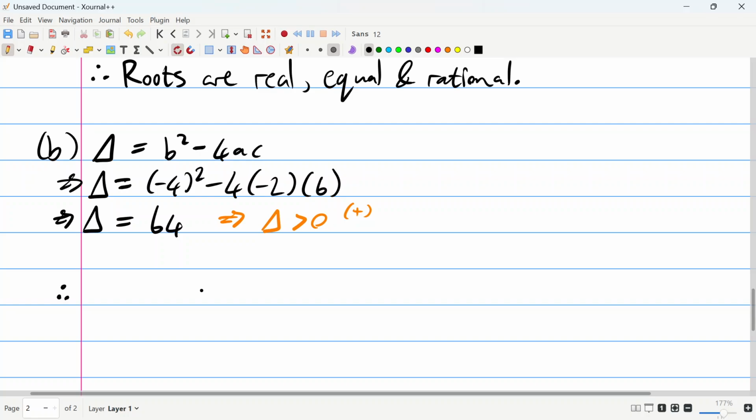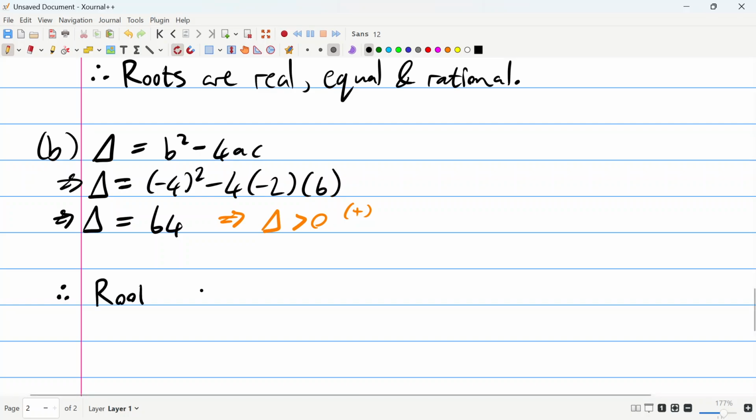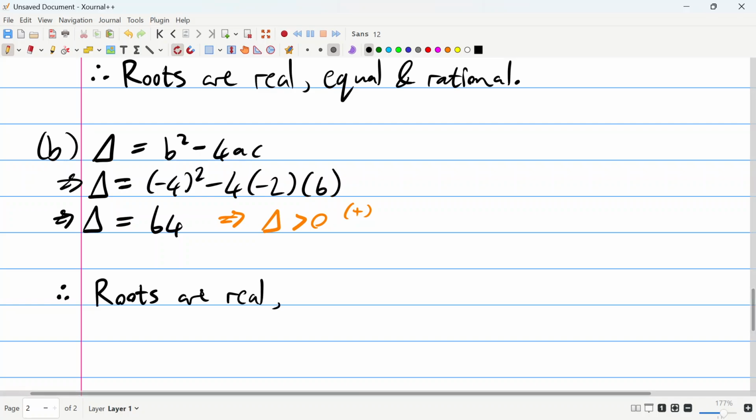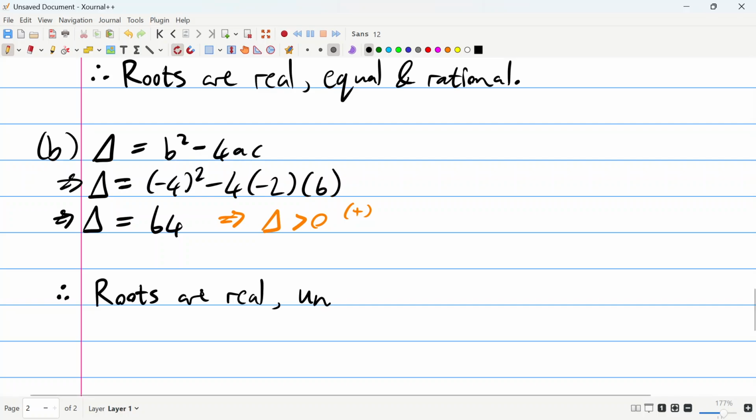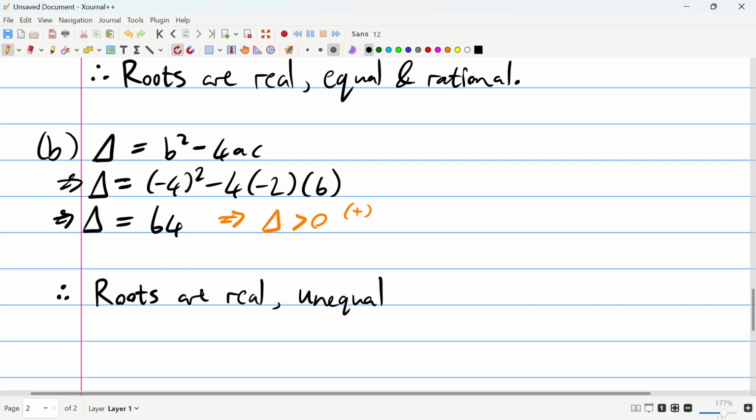Because it's a perfect square, we say here, once again, roots are real. Okay? However, they are not equal. Remember, they are unequal roots because the discriminant is greater than 0. And because it's a perfect square, it will be rational. If it was not a perfect square, it would be irrational.